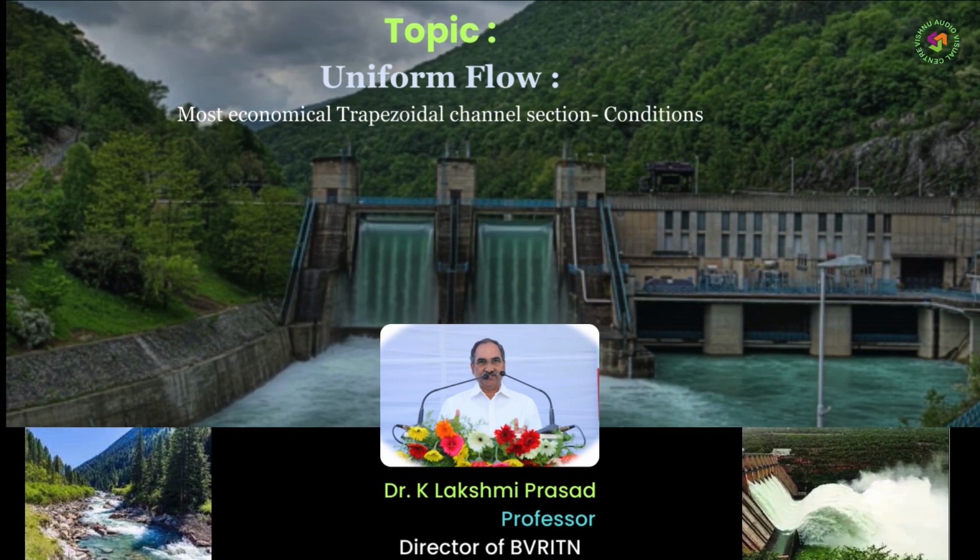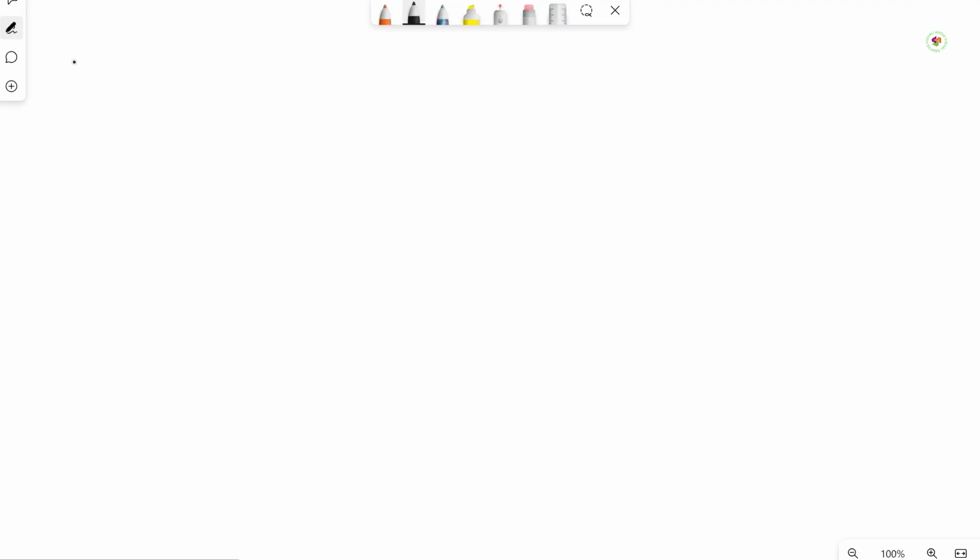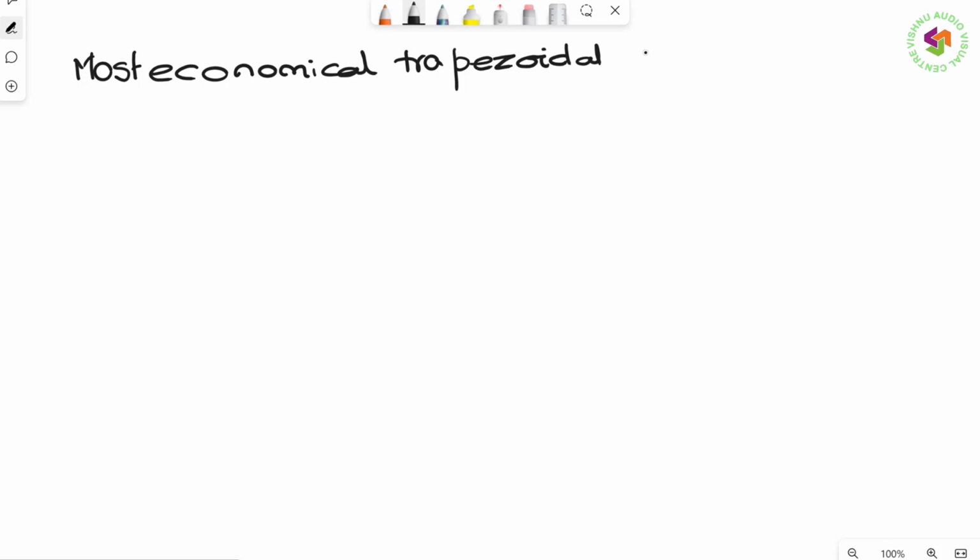Let us go straight away into the trapezoidal section and derive the conditions for the most economical trapezoidal section. What are the conditions? This is the question which we derive.